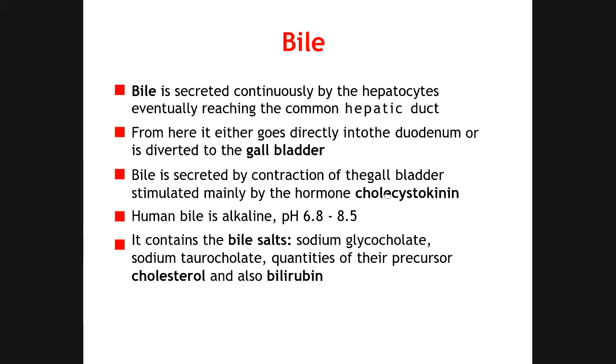As we mentioned before, usually the food coming from the stomach has an acidic pH due to the hydrochloric acid, so it will be immediately neutralized in the small intestine by the secretions which are released from the brush border of the duodenum and by the alkaline secretions from both the biliary tract and from the pancreatic duct. So these secretions will have an alkaline pH that will neutralize the acidity from the food coming from the stomach.